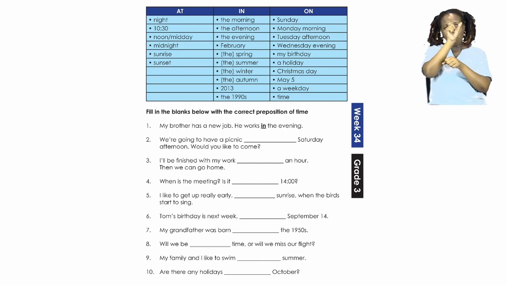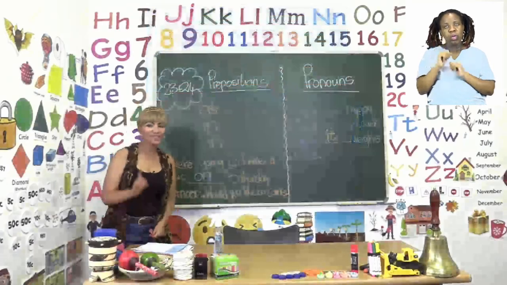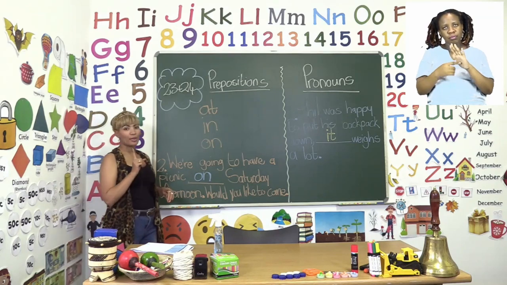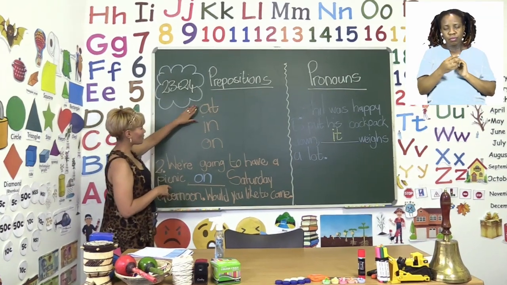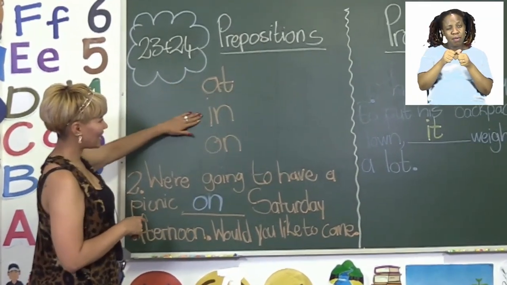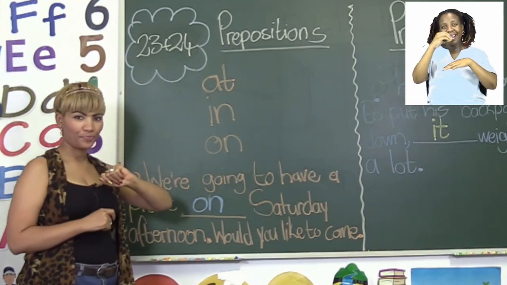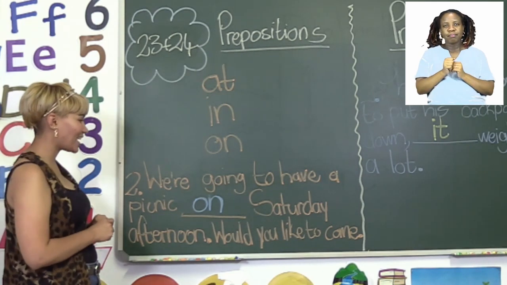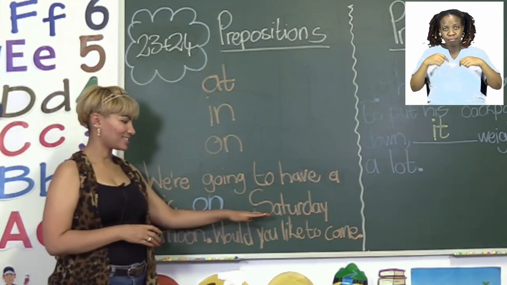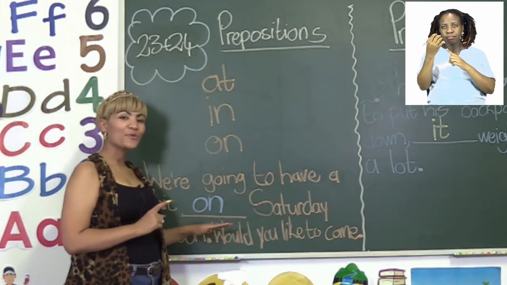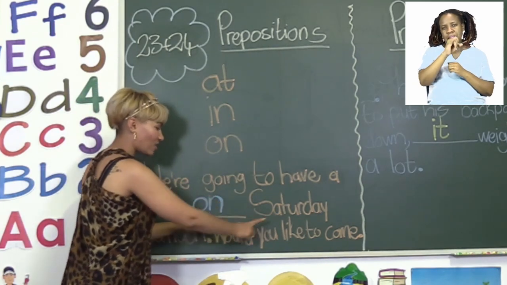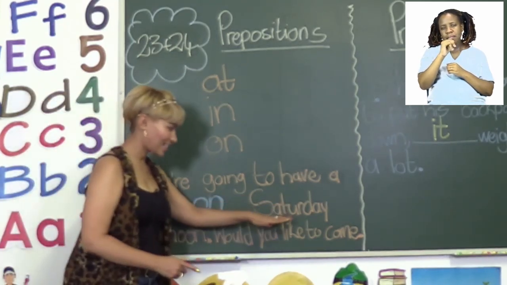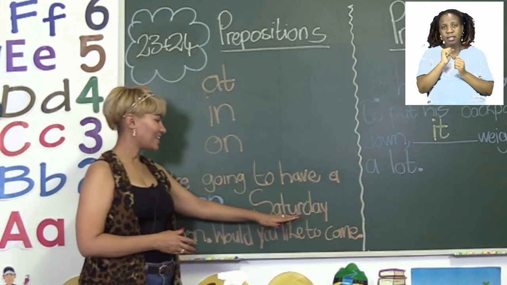Now on the board I have done number 2, so let's quickly see what the missing word there was. Now remember everyone, the prepositions we use are the words at, in or on. Sentence number 2 reads, we are going to have a picnic on Saturday. Remember, we know exactly when and it is on that day, which is Saturday.